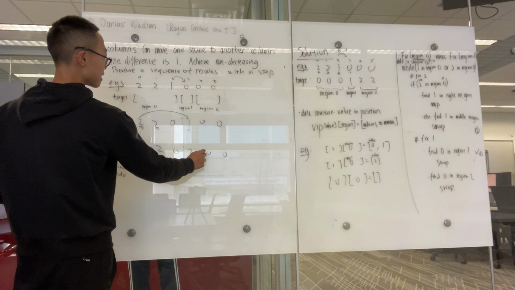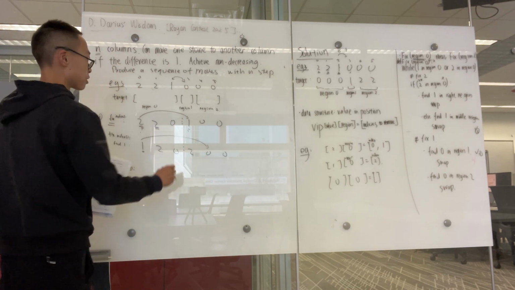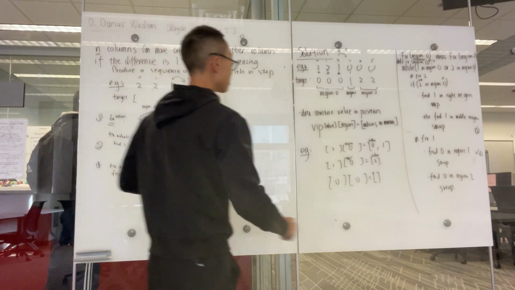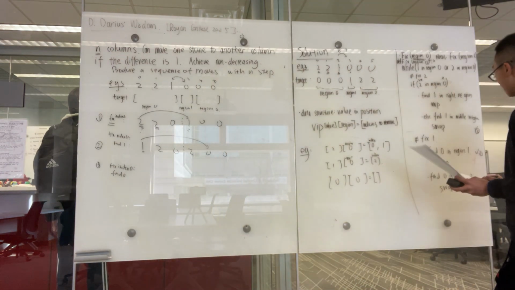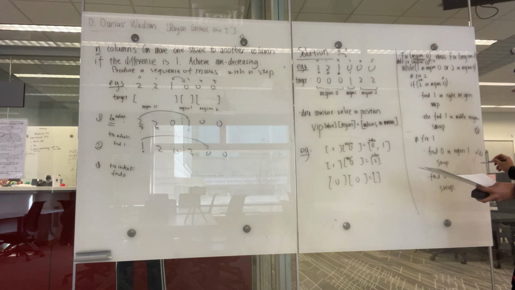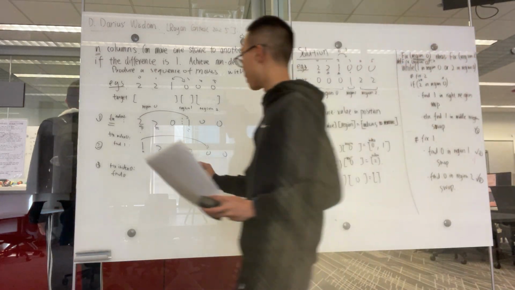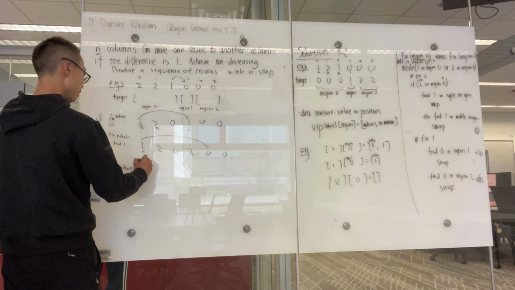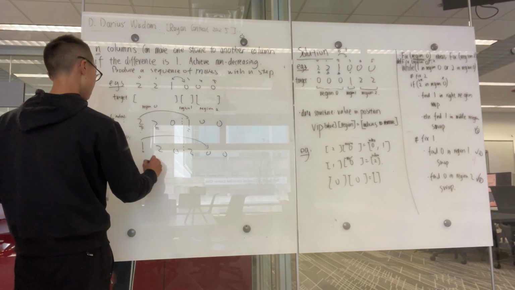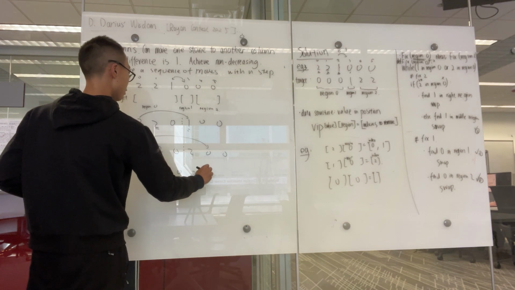We will scan the last region first and produce a swap. So this step 3 is finding a 0 in the third region, in region 2. We produce a swap here. It becomes 0, 2, 0, 2, 1, 0.